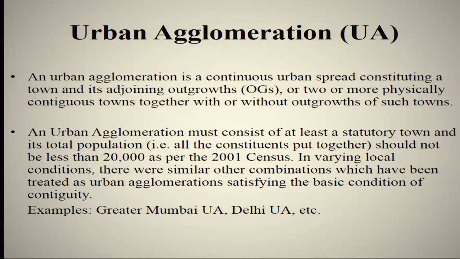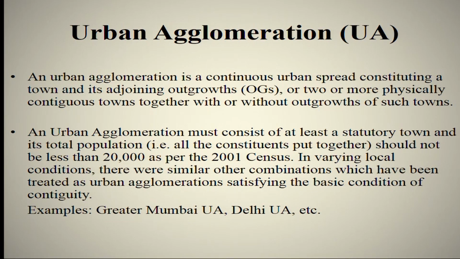Urban agglomeration is a continuous urban spread constituting a town and its adjoining outgrowths, OGs we call them, or two or more physically contiguous towns together with or without outgrowths of such towns.